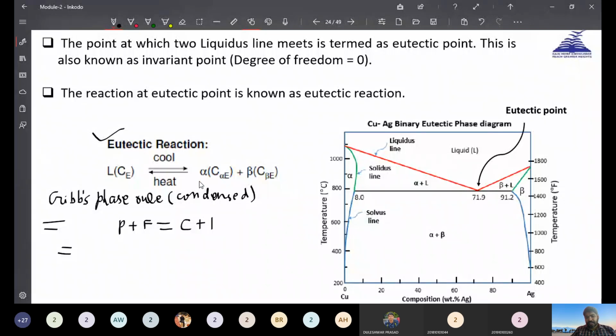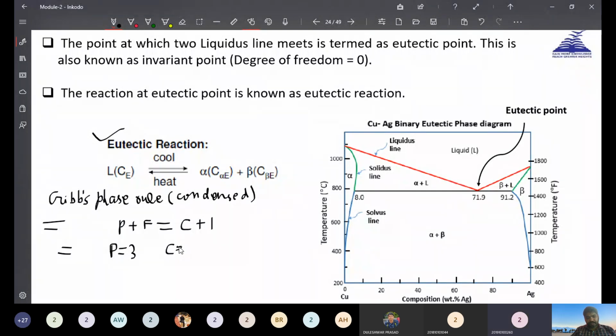In one composition the amount of A is higher and in the other the amount of B is higher. So these two are solid phases but different solid phases. In total we have three phases: one liquid and two solid. So P here is equal to 3. Now tell me about C. What is C over here?